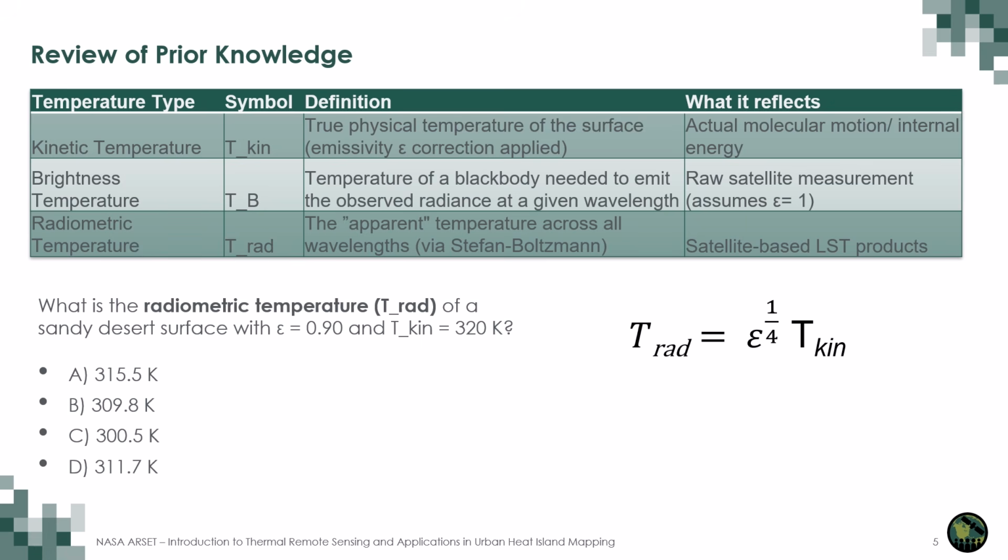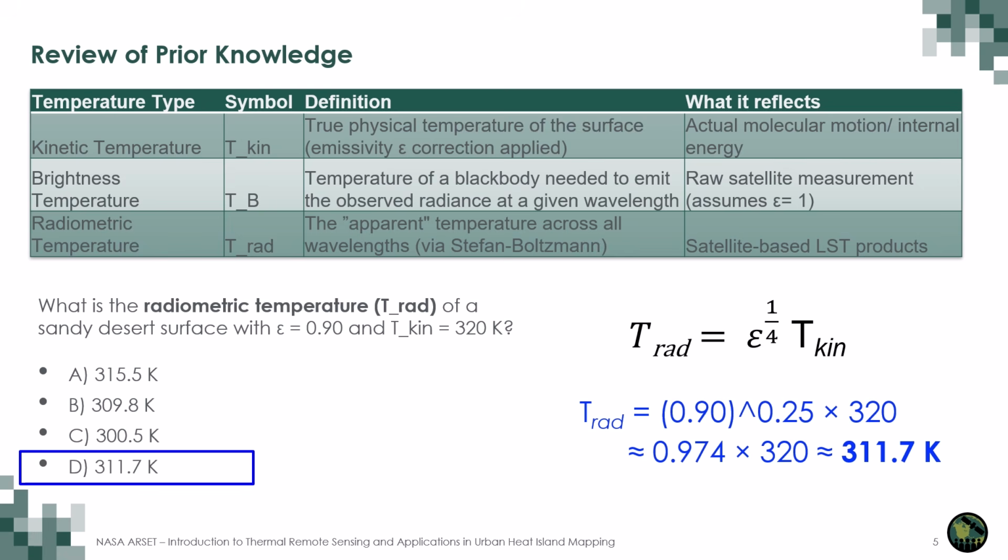We would raise the emissivity to the power of 0.5, multiply that by 320 Kelvin, and the result is 311.7 Kelvin, which corresponds to answer D. This implies that there is about an 8 Kelvin underestimate of the surface temperature if emissivity is ignored.